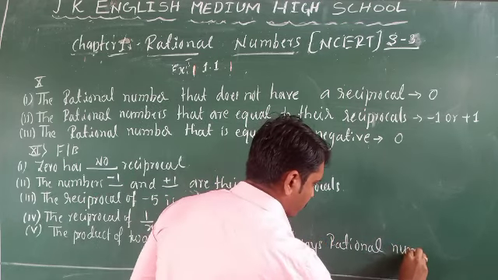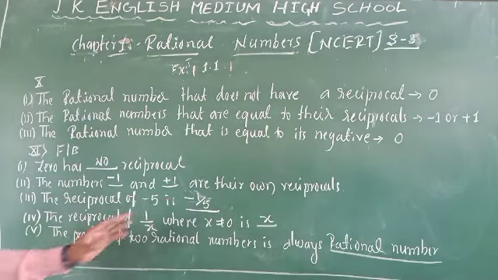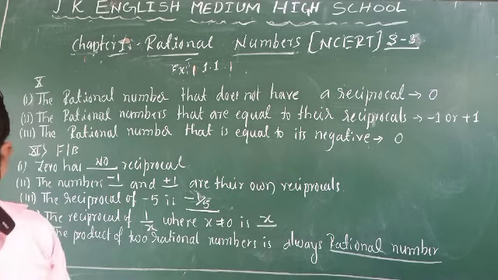Rational number only. Means if you multiply two rational numbers, what will you get as the answer? The answer is also a rational number.